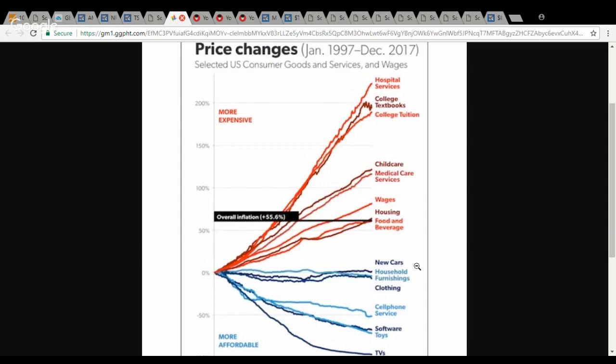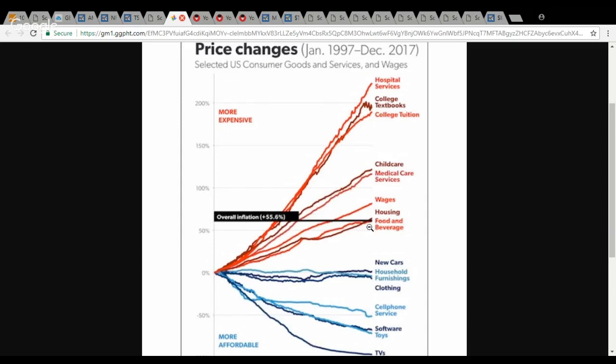And new cars, household furnishings, clothing, cell phone services, software, and television sets were down between 10 and 50%.